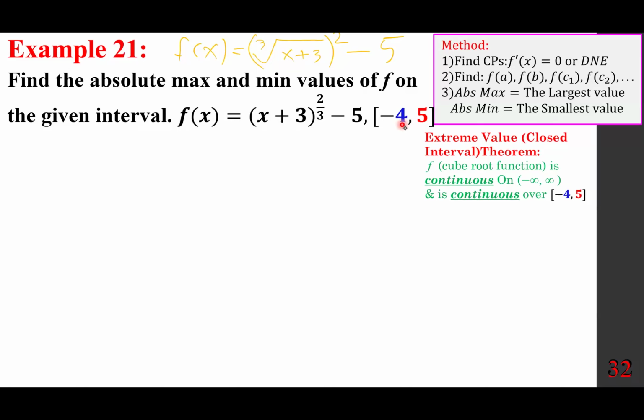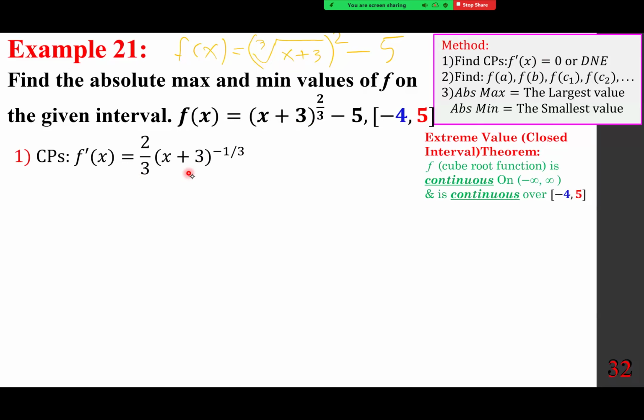The next step is to follow the steps and find the critical points. So we are going to go with f prime of x, and that means 2/3 times x plus 3 to the power of 2/3 minus 1, or negative 1/3. We are differentiating.